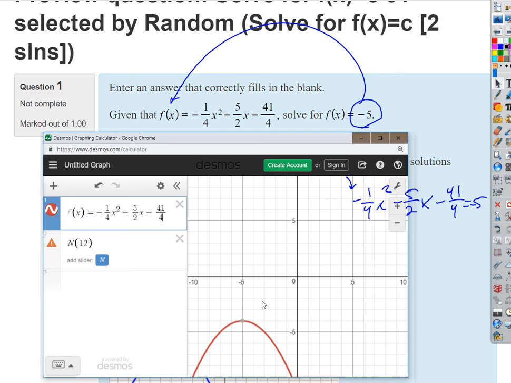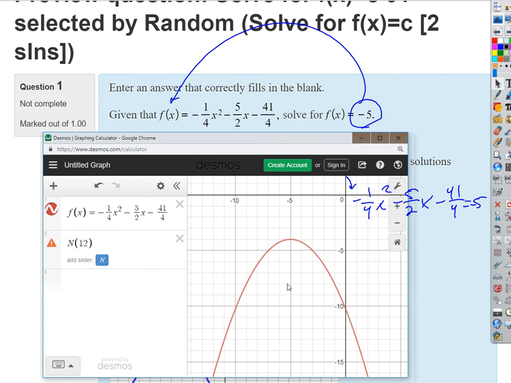So there's my function, right? There it is. So what about this? How am I going to use that graph to solve this equation right down here? The function equals -5.